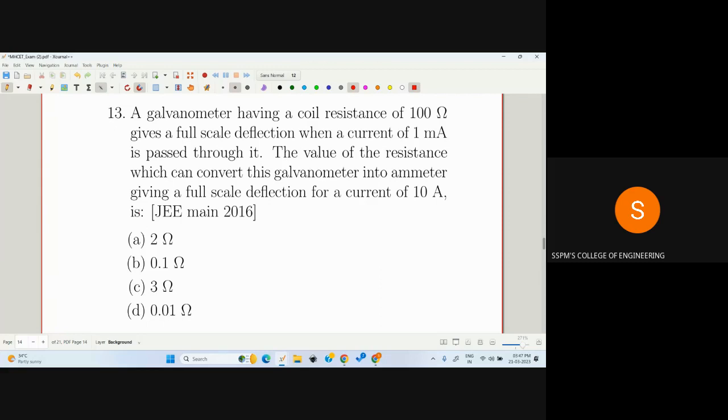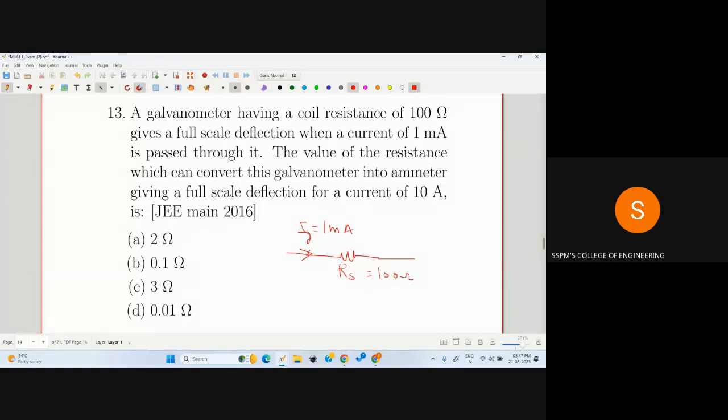आता हे बघा पहिल्या कंडिशन मध्ये काय केलेलं आहे. In the first condition the 1 milliampere current is flowing through the galvanometer. Let's consider the resistance of galvanometer is Rs, and the current flowing through the galvanometer is Ig, and the Rs is 100 ohm.